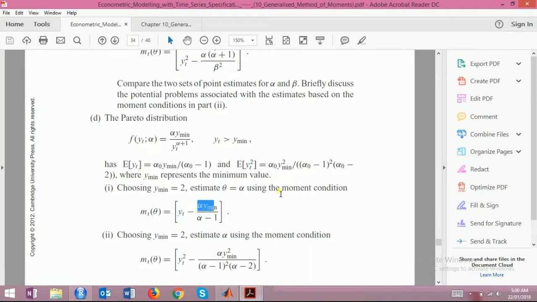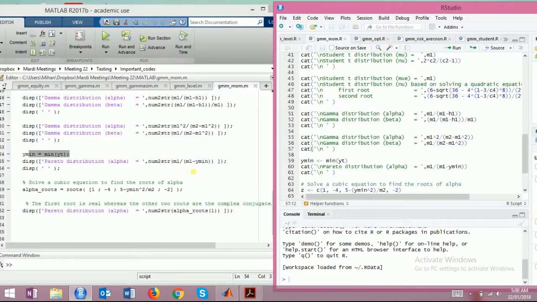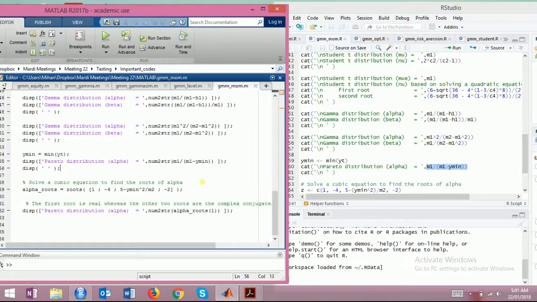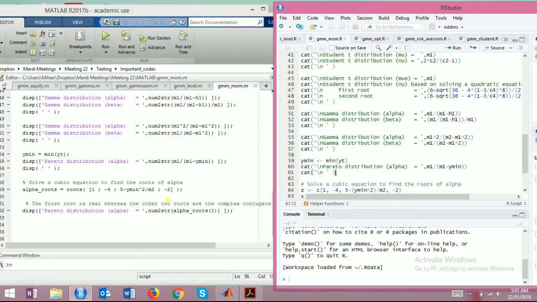Numerator and denominator will change here. Just remember this if we ever need to use it.